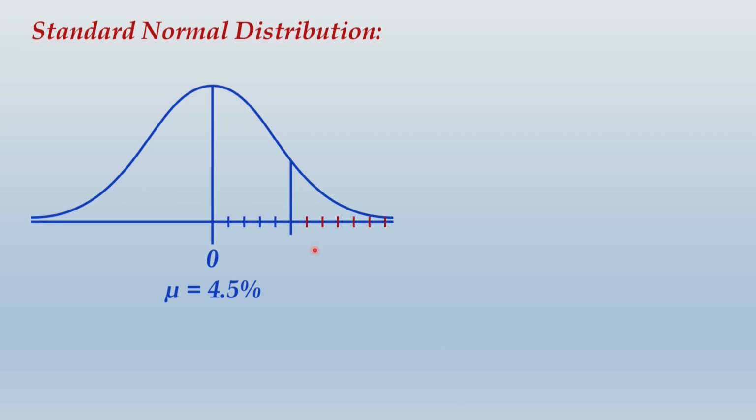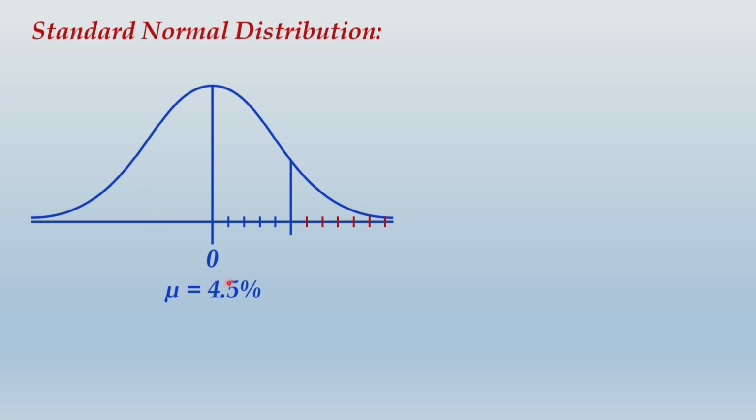All these markings on the axis indicate the dividend yield is greater than 4.5%, but all these blue markings show that it is greater but not significantly greater. Red markings show that these are greater and significantly greater.